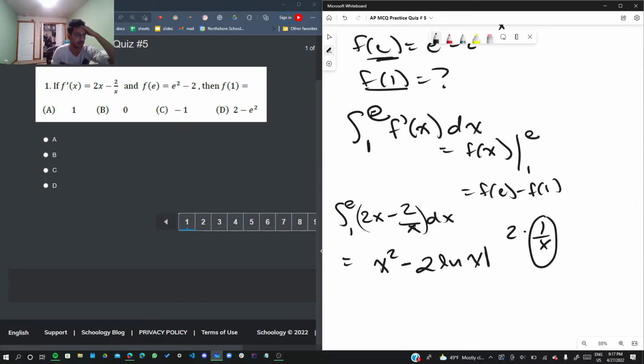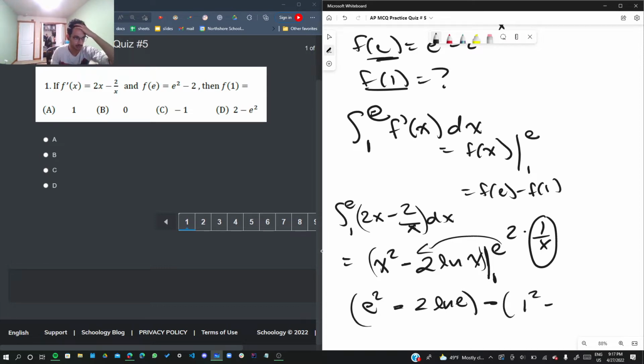So now this is going to go from 1 to e. Plug in e, so we get e squared minus 2 natural log of e, and subtract by putting 1 in there, so it'd be 1 squared minus 2 natural log of 1. Natural log of 1 is 0, so all of that goes to 0.